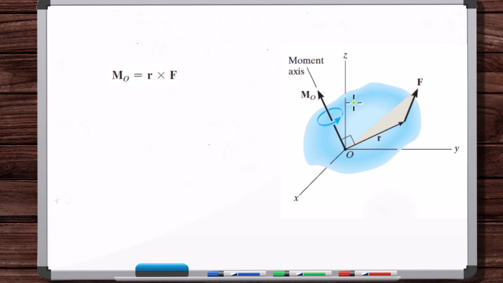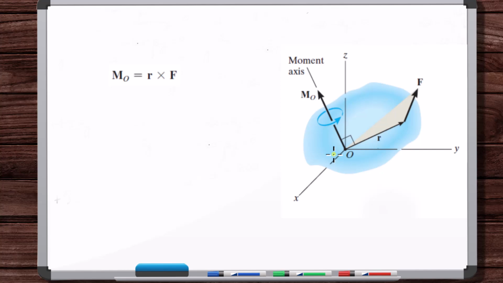Now, this is a little confusing because later in this chapter, couple moments are not fixed vectors. Those are free vectors. And when we do equivalent force systems, we can take a force, move that force to a point and put a couple moment at that point, and that's an equivalent force system. That couple moment is a free vector.